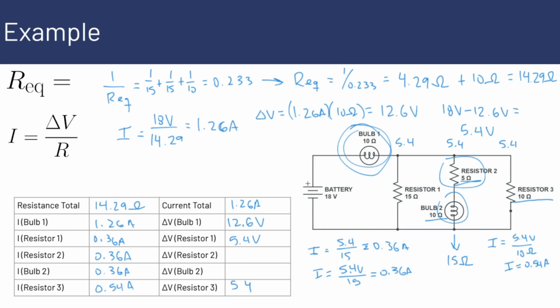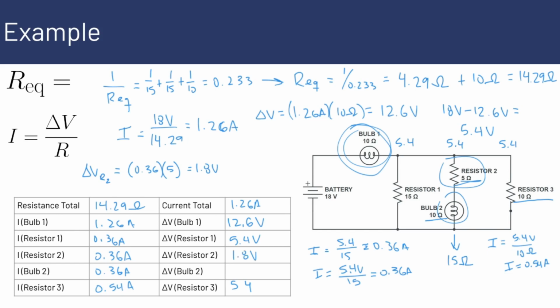Remember that in parallel circuits, the voltage is the same across any of the branches. So to figure out the voltage drop across resistor 2, delta V R2 is equal to our current, which in this case is 0.36 times our resistance, which is 5 ohms. That gives us a voltage drop of 1.8 volts.